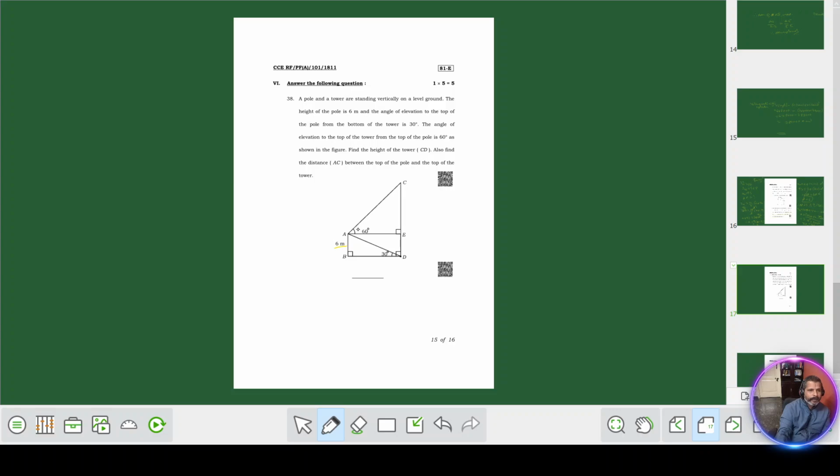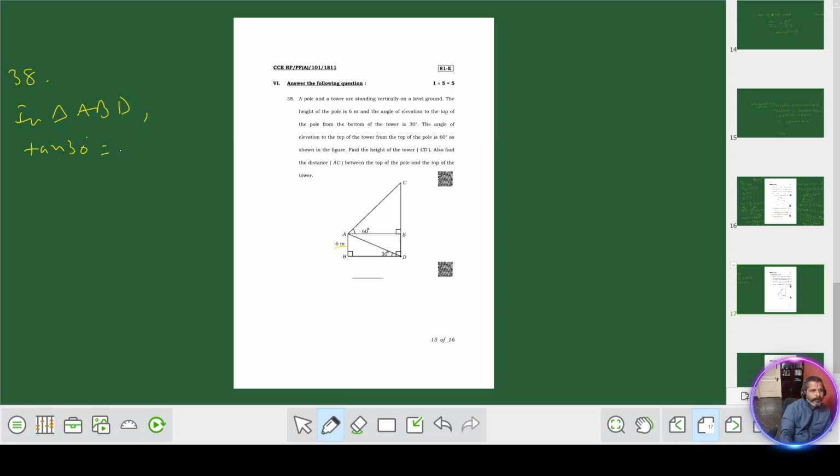This is the angle of elevation. They are asking to find the height of the tower, that is CD, and the distance between the top of the pole and the top of the tower, that is AC. It's very simple. In triangle ABD, if you consider, take tan 30.